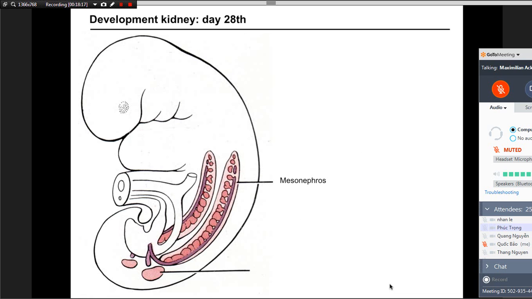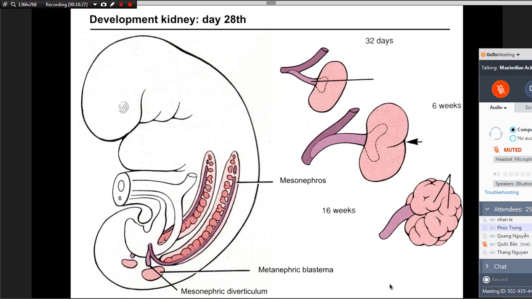At day 28, you have the mesonephros and the metanephric blastema. The metanephric blastema goes over with the ureteric diverticulum. The mesonephric duct becomes the collecting tissue and the ureter, so the pelvis, and the rest shown here in this purple color becomes the glomerular system.